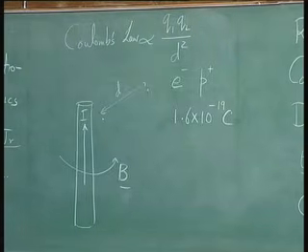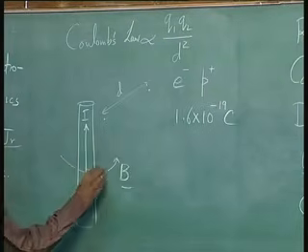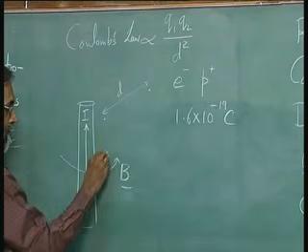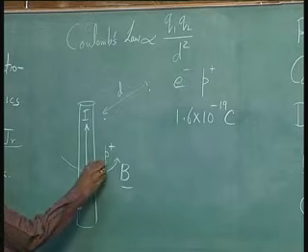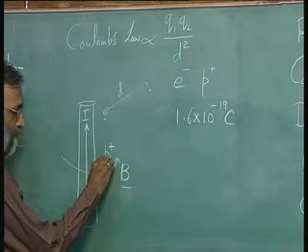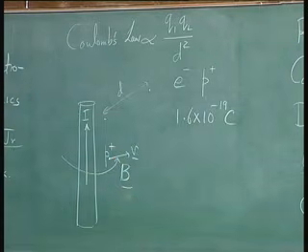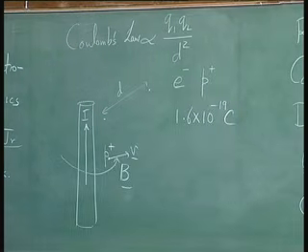Now, there is another thing that you know, which is if you have a magnetic field like this and you put a proton, this proton will feel a force if it is moving. So, if you have this proton, it has got a velocity v, this proton will feel a force.